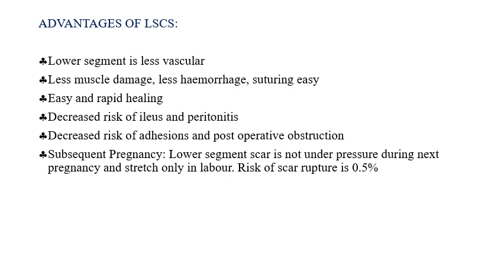Decreased risk of postoperative ileus and peritonitis. Also decreased risk of adhesion formation and obstruction. And in subsequent pregnancy, the lower segment scar is not under pressure and stretch. It stretches only during labor in subsequent pregnancy. The risk of scar rupture is around 0.5%.